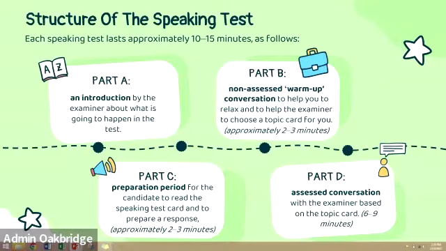The entire session, 10 to 15 minutes, will be recorded. So please remember, part D is the most important part. You must not blabber. You must be very good with your fluency, your intonation, your pronunciation.